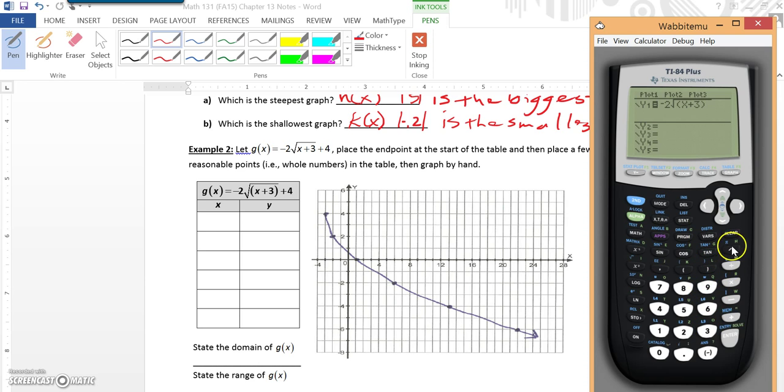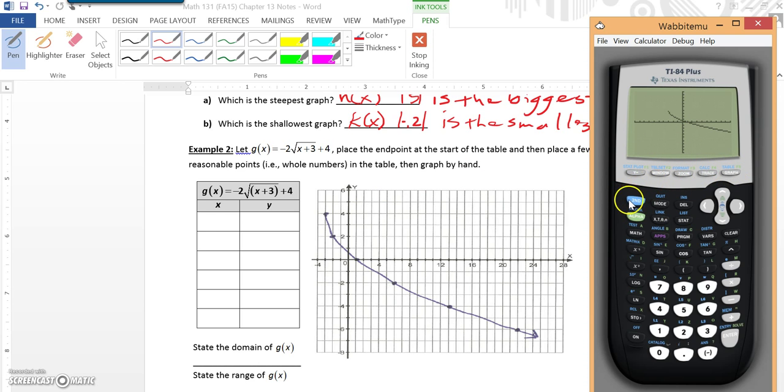Close the parenthesis, then press your arrow to come from up under the radical and put plus 4. Now we want to press zoom and do standard, which is 6. And as we see this point here, this point is at negative 3, and then if we go up, it goes to positive 4. So our point is negative 3, 4.